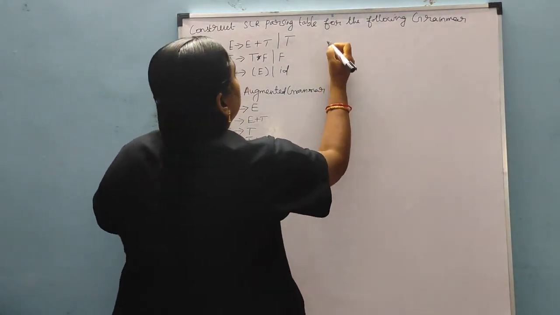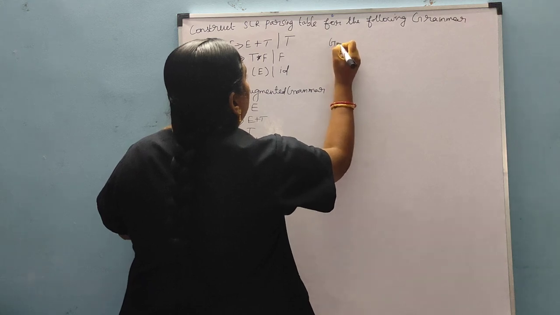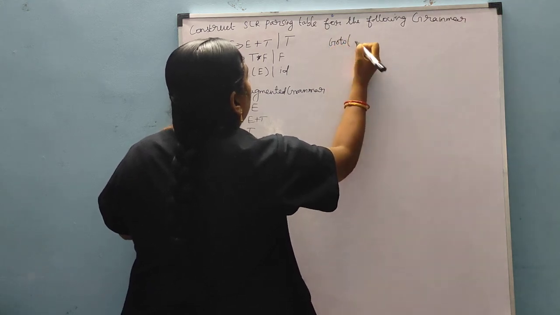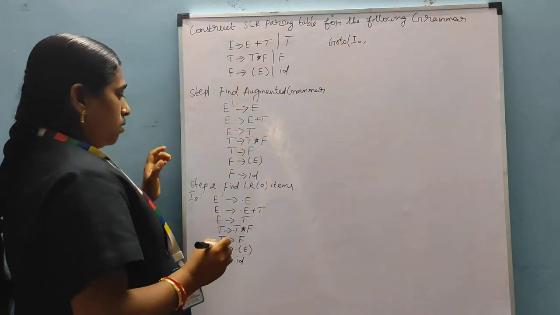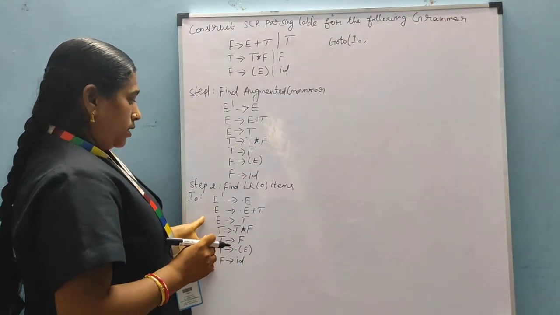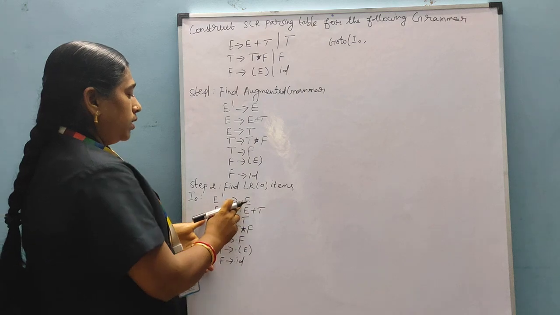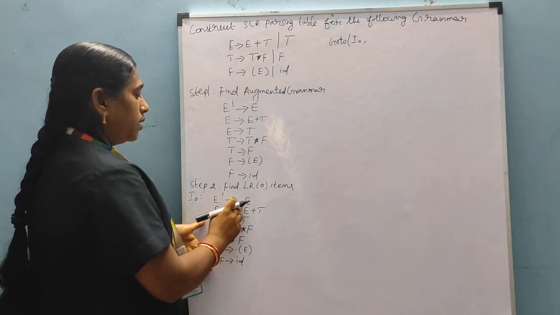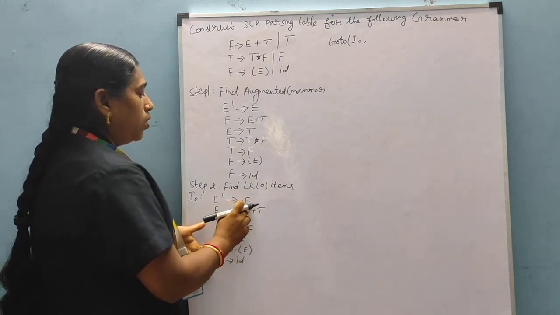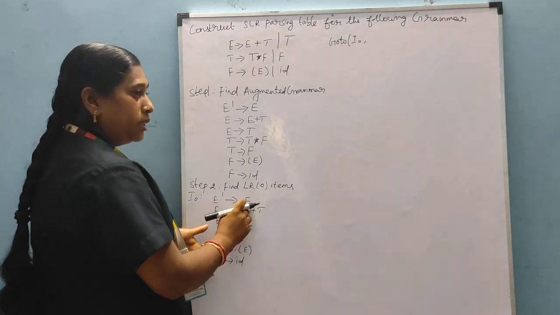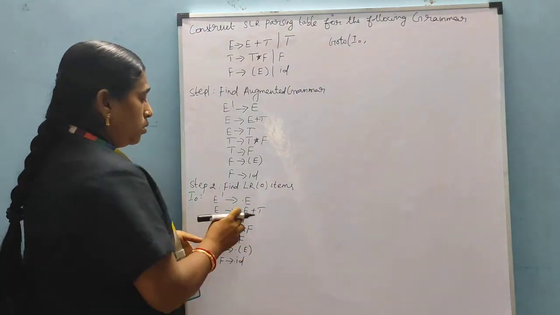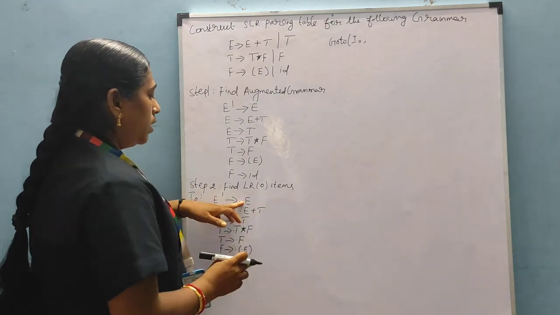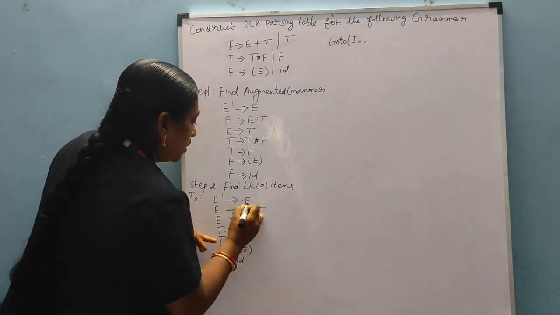We'll write here, goto I naught state, comma. See, this is our I naught state, right? In this state, see the dot symbol, after the dot, whatever the non-terminal or terminal is present, that should be shifted each time. So here, first one, after the dot, what is present?